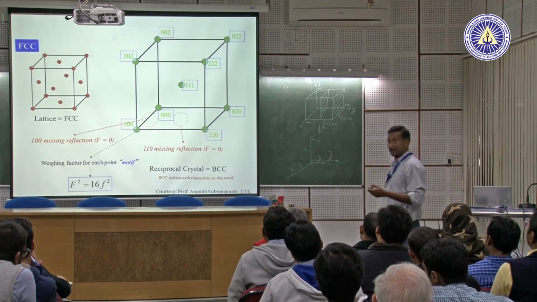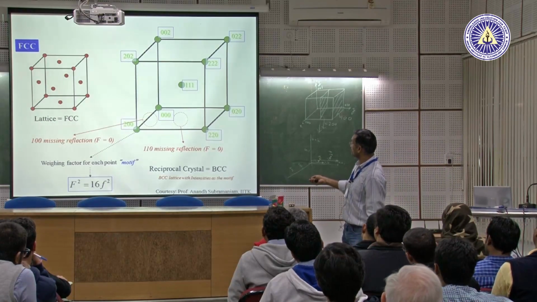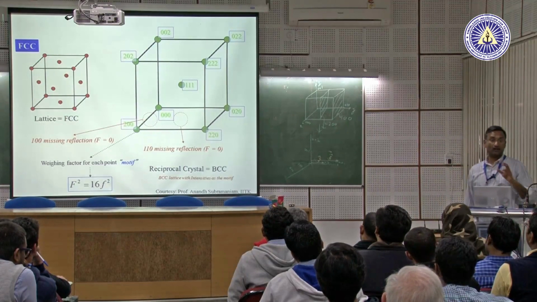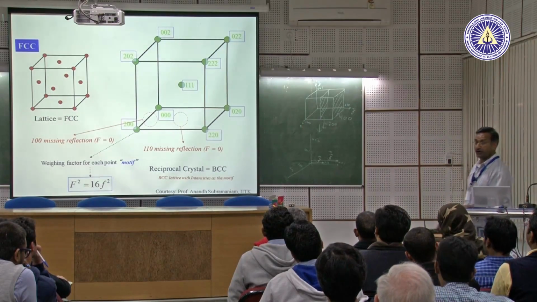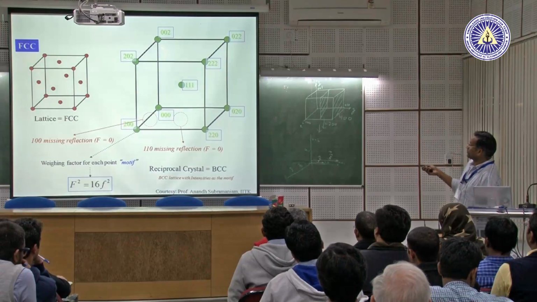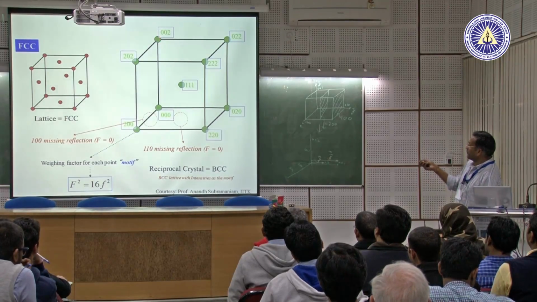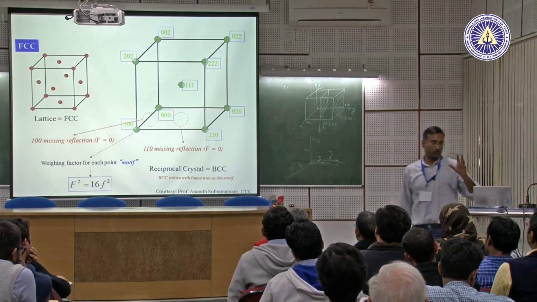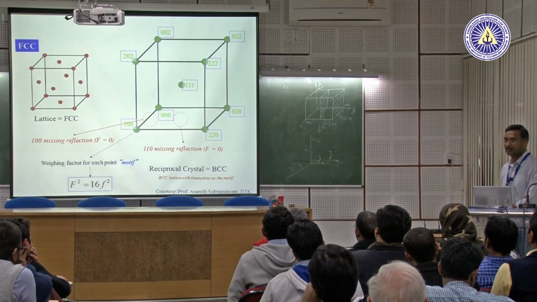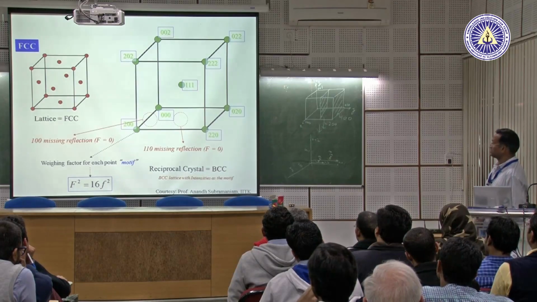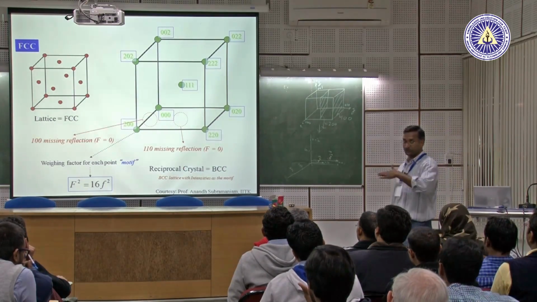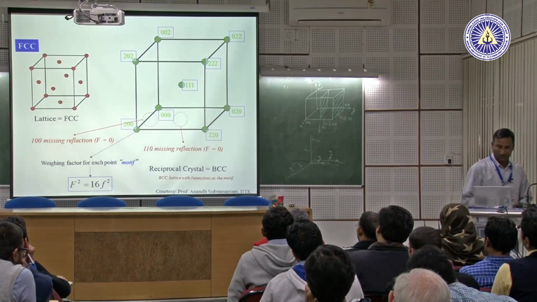What does it mean? 100 and 110 means whenever you have mixing of HKL, that is whenever they are not all even or all odd, they are missing. So what you construct here is a lattice with lattice points being at only those for which HKL combinations are unmixed, not mixed. So again, it reinforces the same thing that you derived using the structure factor formula.